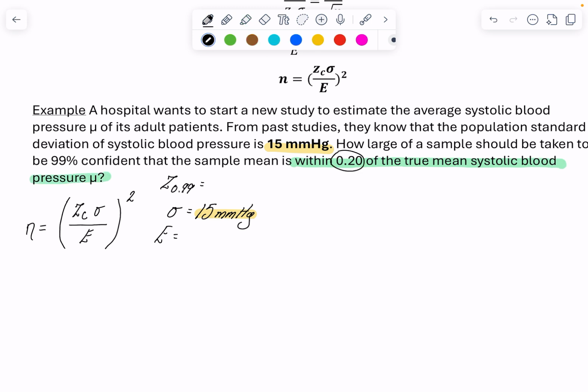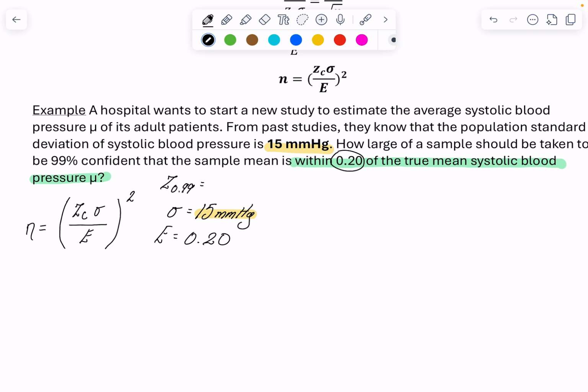So this 0.2 is going to be our margin of error, okay? That's actually a pretty narrow margin of error, so it may affect our sample size greatly.